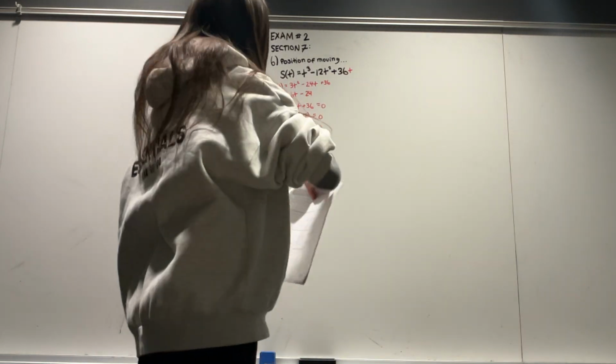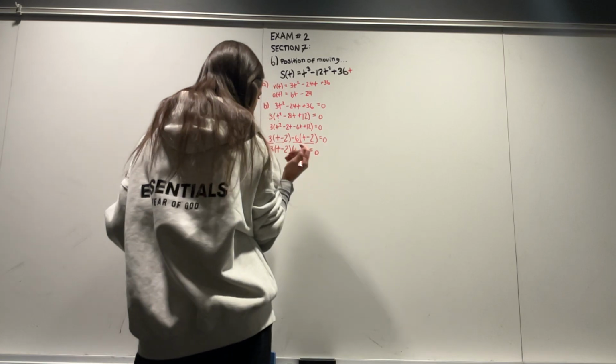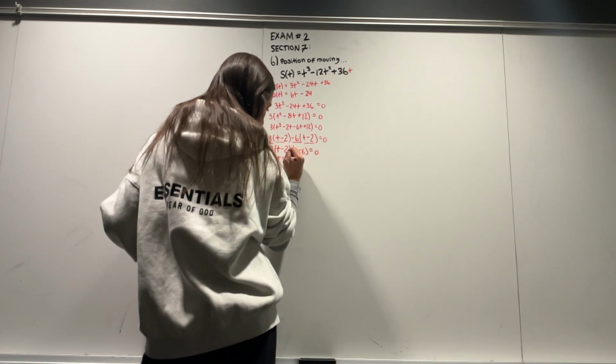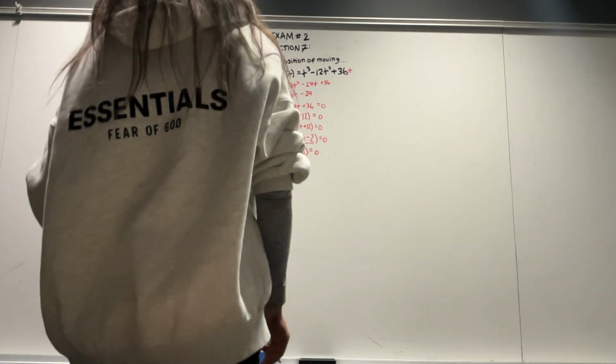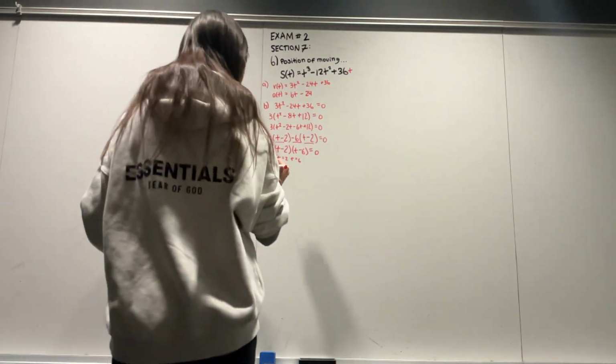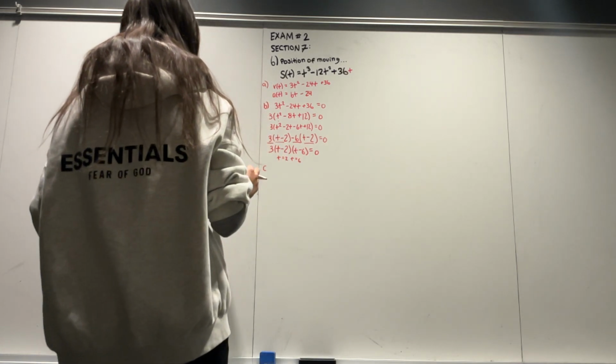That's your factored form, still set equal to 0. So the zeros you get are t equals 2 and t equals 6. These are your zeros, the critical values.